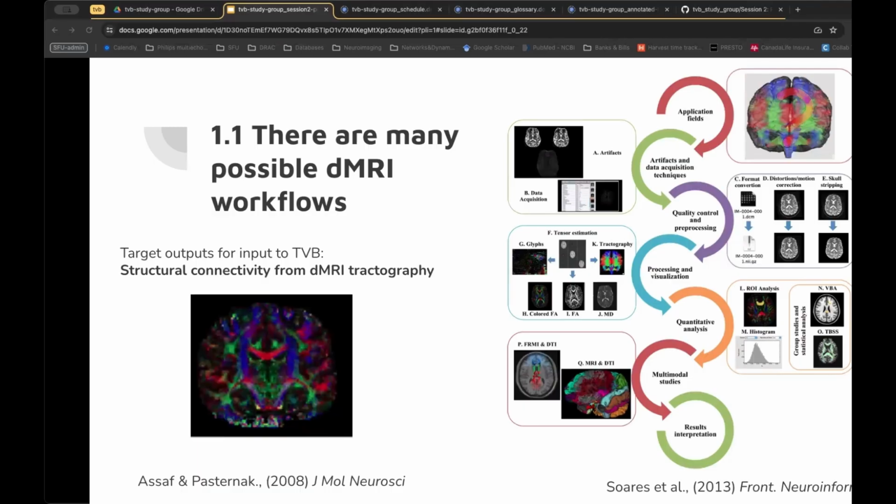So there are many possible workflows once you collect some kind of diffusion weighted imaging. On the right here are some example workflows you could follow. You collect the data, and just like functional MRI, there's some kind of artifact cleaning, and there's some series of quality control and pre-processing that you can do.